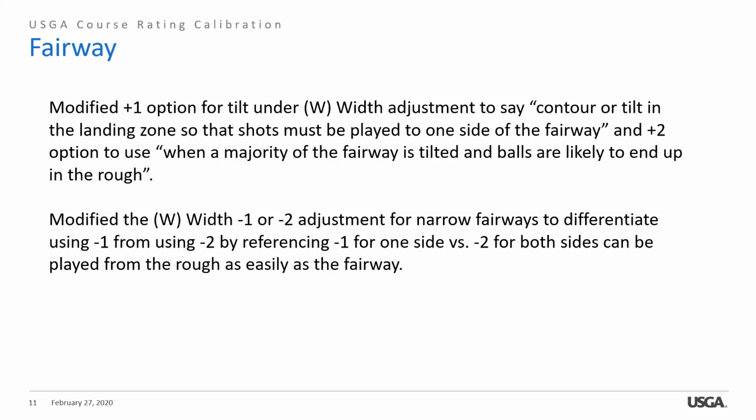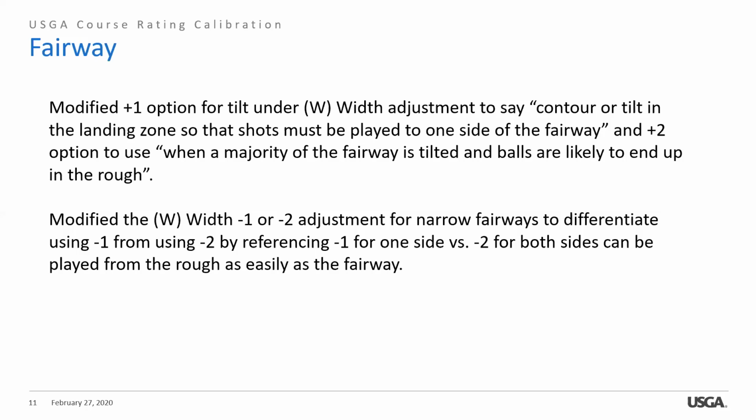An example of this last part would be if you have a course that has a 27-yard wide fairway, but on the side of the fairway it's rough for 40 yards until there's anything else, and that rough is not extreme, just normal rough. If you can easily play from that area as you can the fairway, and maybe the rough at that course is really short, that would be where you would potentially apply a W- in that case.